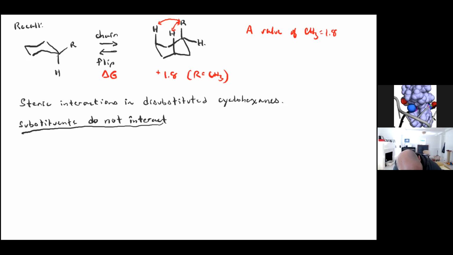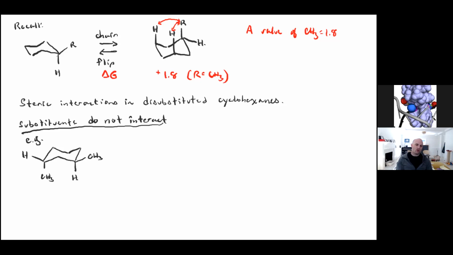So I will draw it like this. Okay. Here, the two methyl groups are considered not to be interacting with one another.